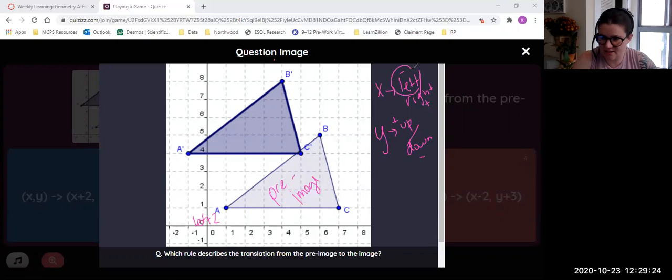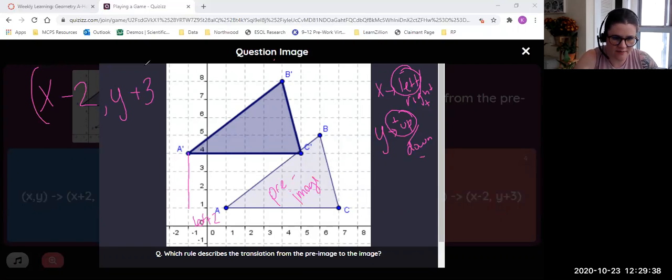And left tells me it's negative, so it's x minus 2. And then it goes up 1, 2, 3. Up is positive, so it'll be y plus 3. All right, so that is what my answer shall be.